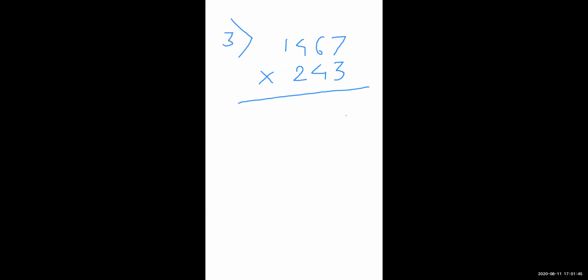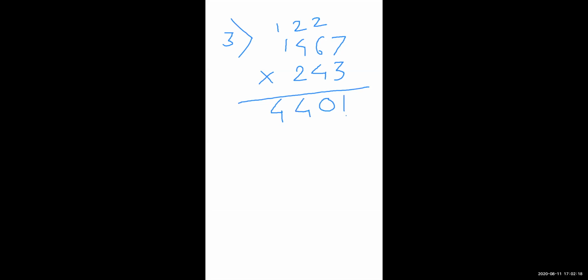Start. 3 7s are 21. 21 is 1, 2 goes to carry. 3 6s are 18. 18 plus 2, that is 20. 20 is 0, 2 goes to carry. 3 4s are 12. 12 plus 2, that is 14. 14 is 4, 1 goes to carry. 3 1s are 3. 3 plus 1 is 4.